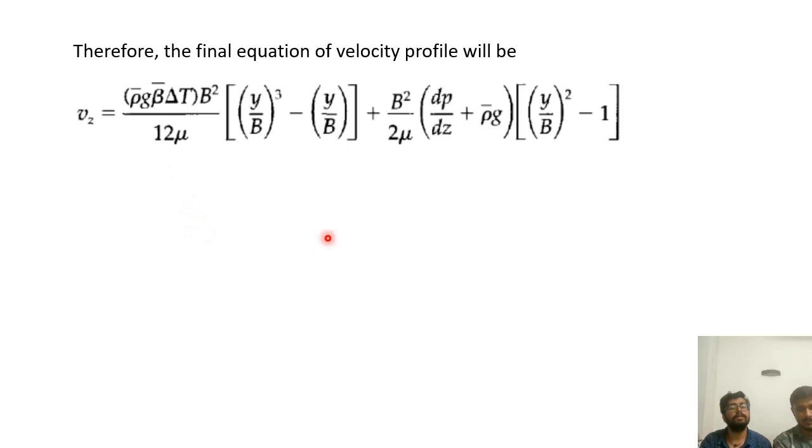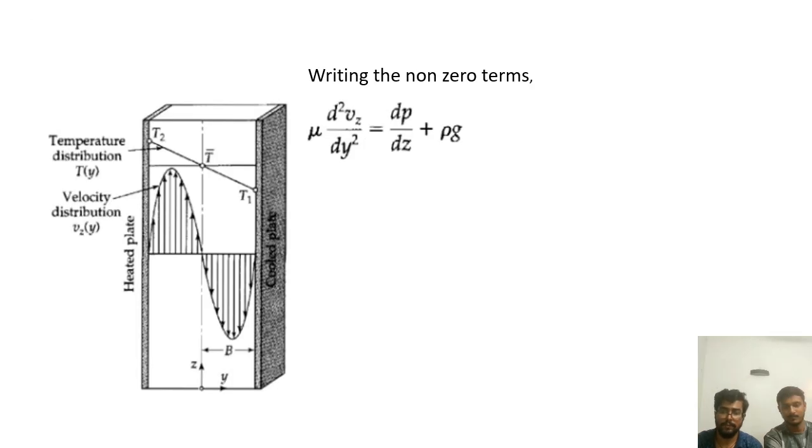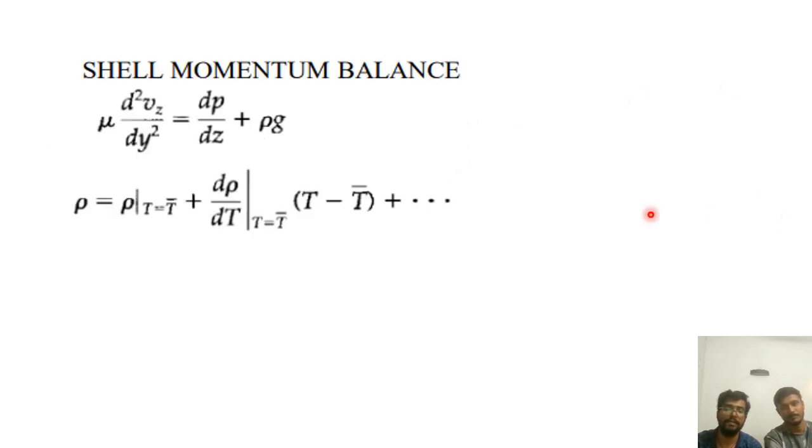So now we will summarize how we got this final velocity profile equation. First we had this equation, and here rho will have another expression which we will get from the Taylor series.